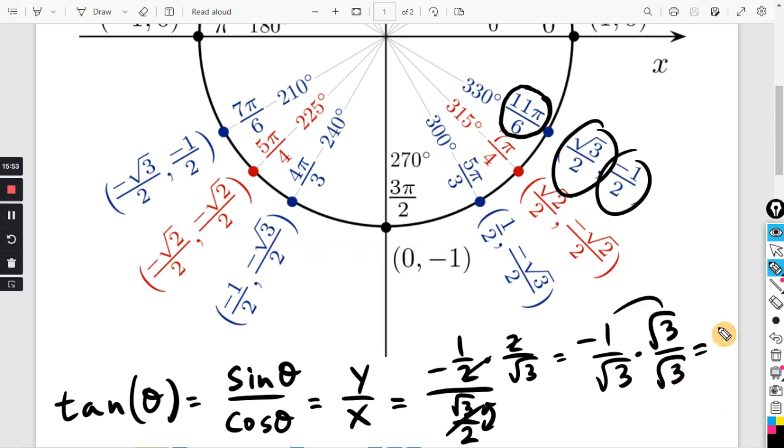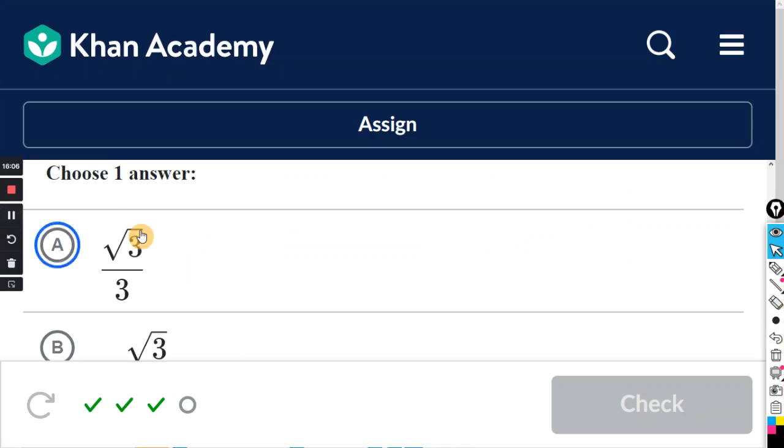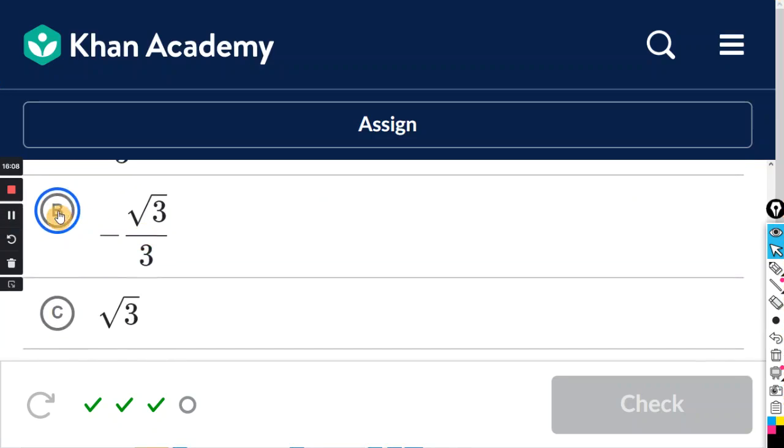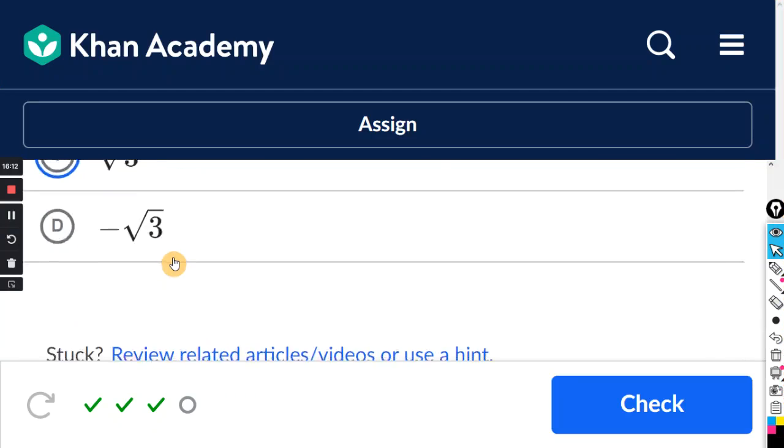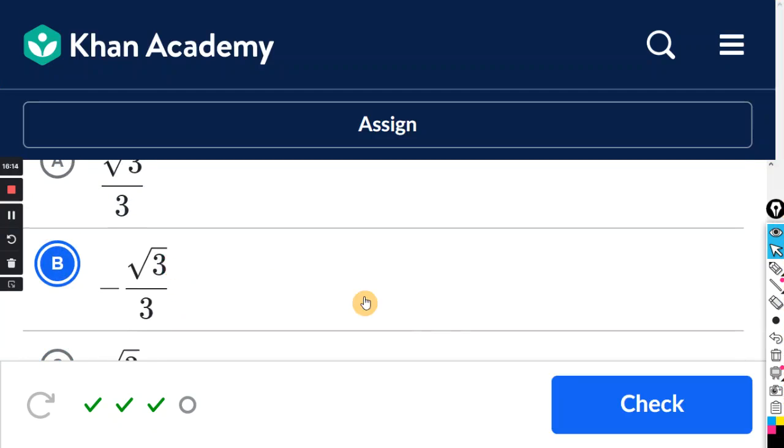And we have negative radical 3. And the denominator, radical 3 times radical 3 is just 3. Final answer. All right, negative radical 3 over 3. So they don't have the square roots in the denominator for these multiple choices.